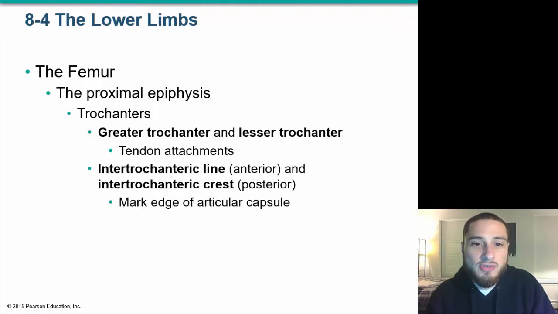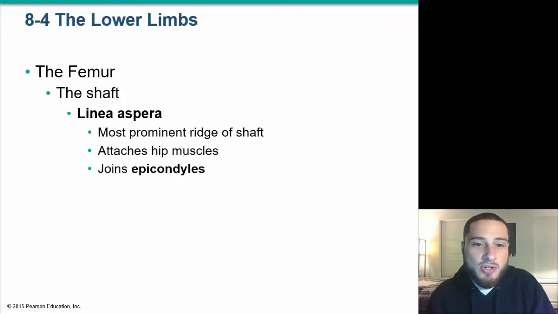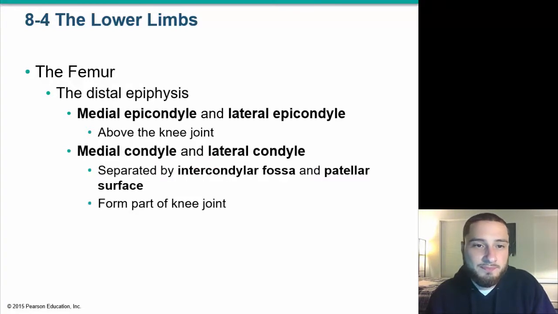The greater trochanter and lesser trochanter are where tendon attachment occurs. The linea aspera is within the shaft of the femur, the most prominent ridge of the shaft, and it attaches the hip muscle. So whenever we see these prominent processes, that's typically for muscle and tendon attachment.